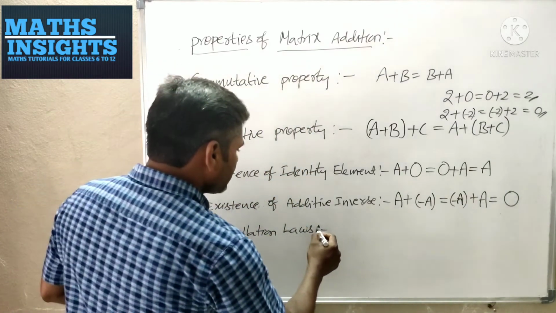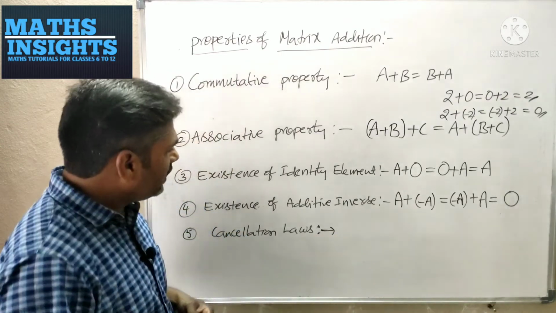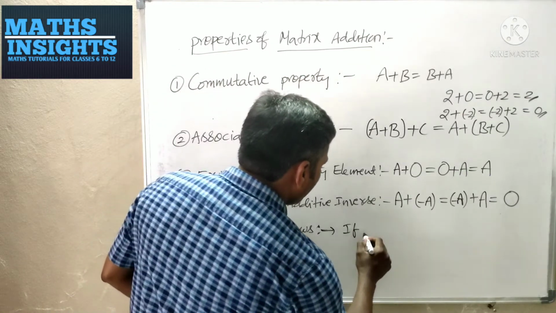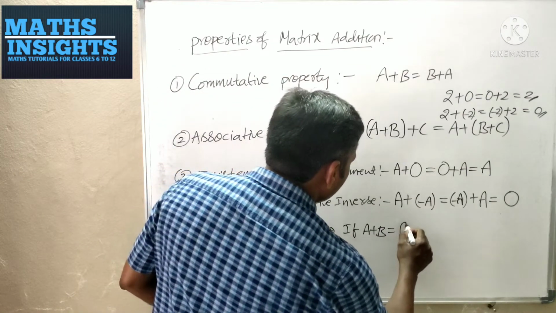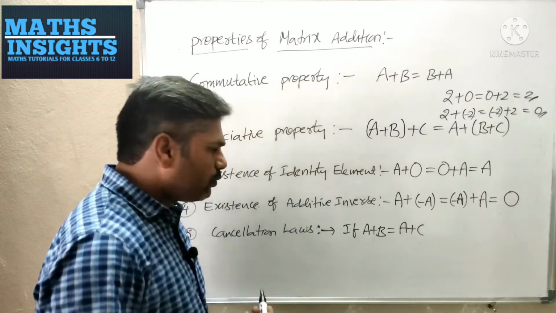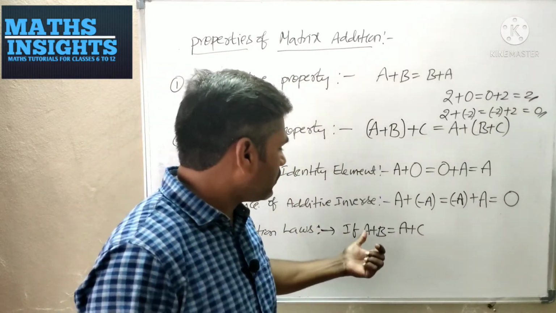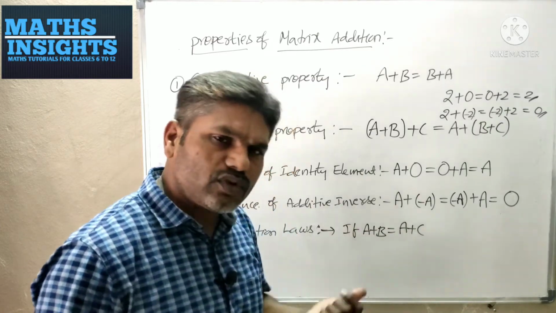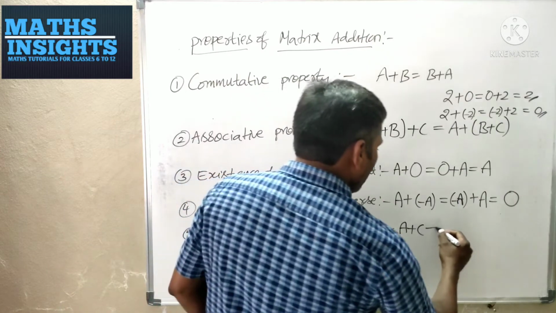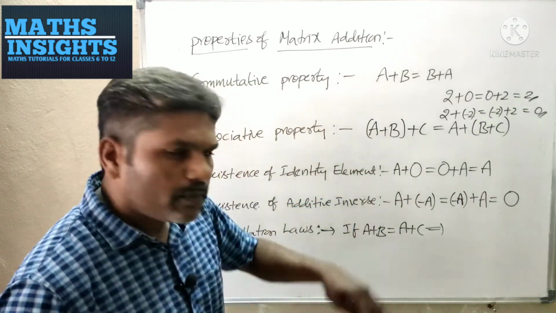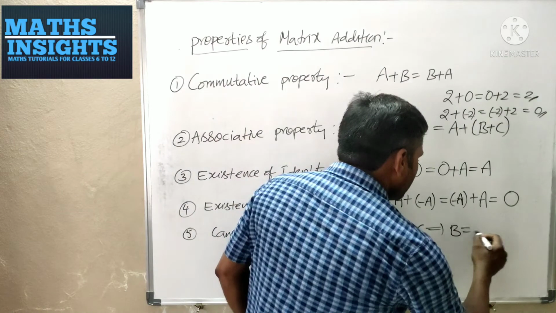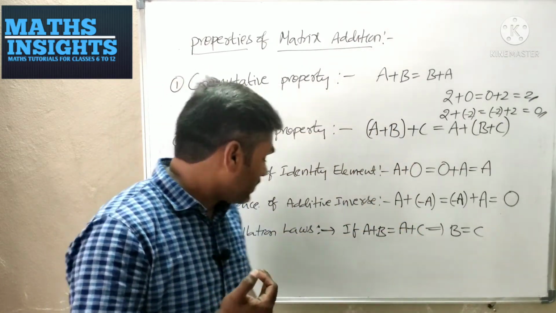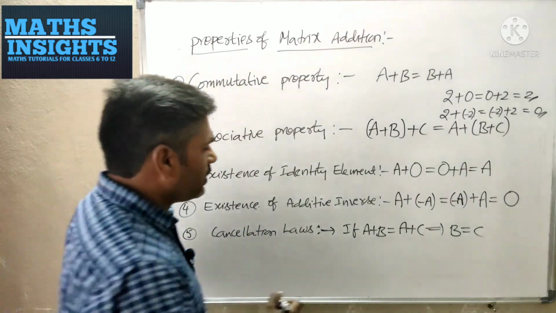The final one is the cancellation law. Under addition of matrices, the cancellation law holds good. Suppose A plus B is equal to A plus C. On both sides, that is on the left side of A plus B and A plus C, you have the common matrix A. If you remove them, don't just cancel it, actually you have to do the operation, so you will get B is equal to C. That means you are cancelling A which is on the left side, that's why it is called the left cancellation law.